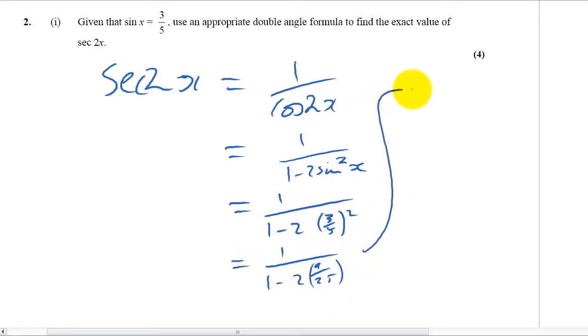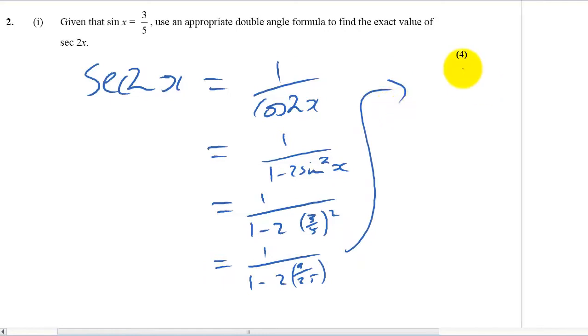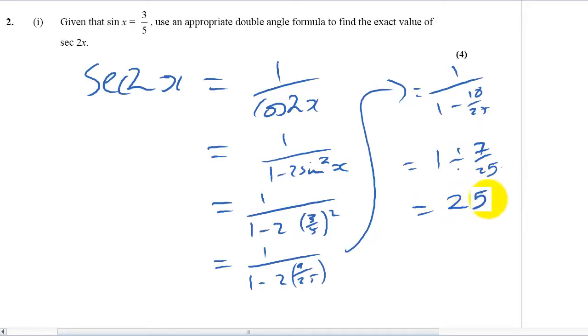Then times that by 2, you get 18/25. And then take that away, and you get 1 divided by 7/25. 1 minus 18/25 is 7/25, and if we divide by that, we would just reciprocate to get our final answer.